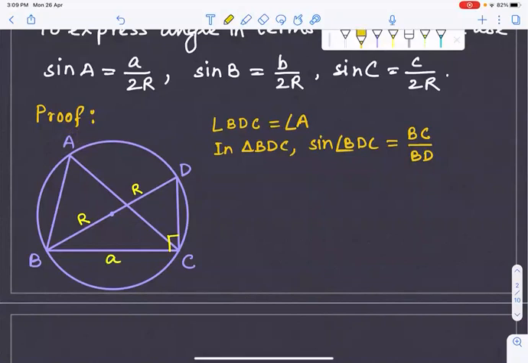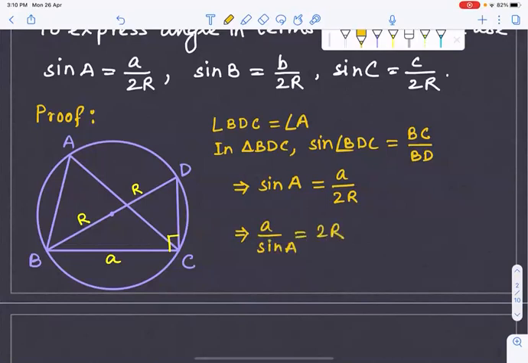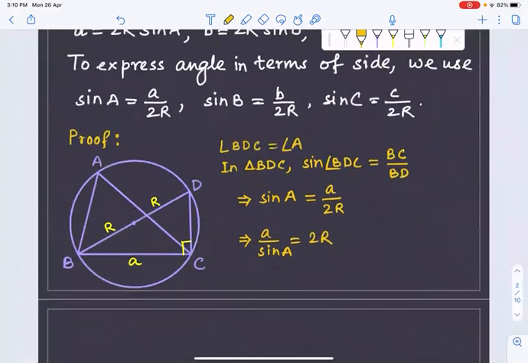Therefore, sine of BDC is nothing but sine of angle A, because BDC equals A. BC is small a and BD is 2R, the diameter of the circumcircle. That implies a by sine A equals 2R. Similarly, we can prove the other relations.